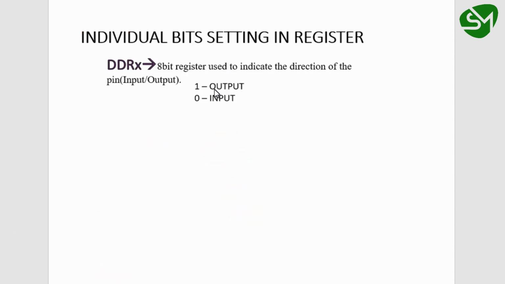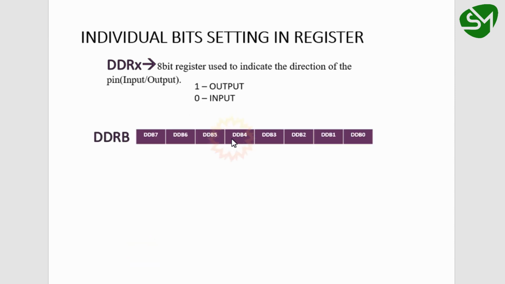So now we know that if we write 1 to the pin, that will configure the corresponding bit as output, and if we write 0, it will configure the pin as input. So let's take the DDRB register, that is, we are just going to configure port B. If you are going to configure any other port, you just take the corresponding DDRA, DDRC or DDRD register.